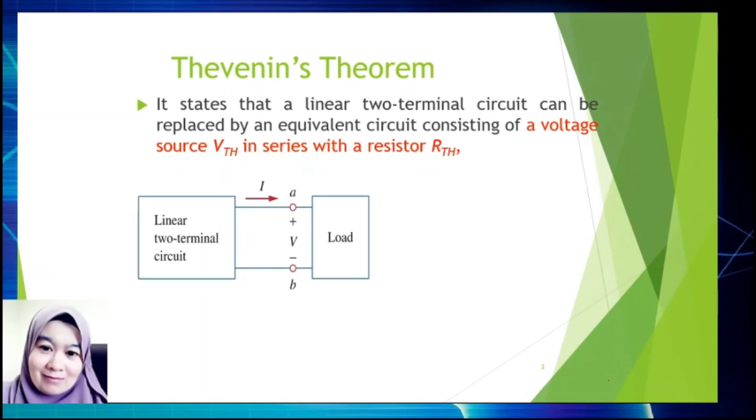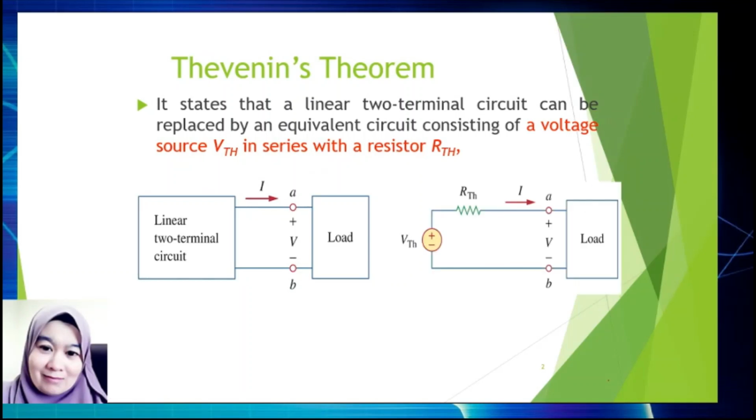So this is a linear two-terminal circuit with terminals A and B, and a load. We can replace it by an equivalent circuit consisting of voltage source VTH in series with RTH.